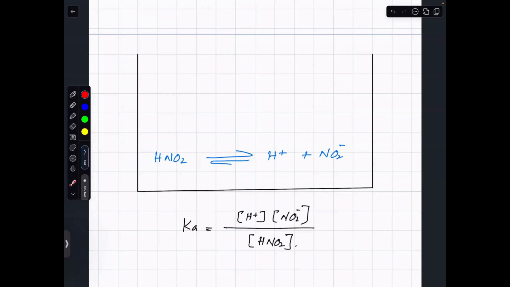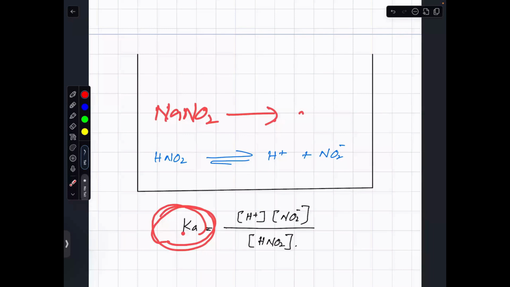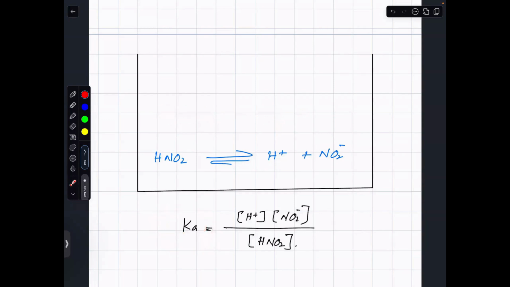Now listen. Would the K change by adding NaNO2? Not at all. The K is only changed when the temperature changes. So temperature is not changing. If temperature is not changing, the K will not change. Yes, these values will change, but K remains the same.